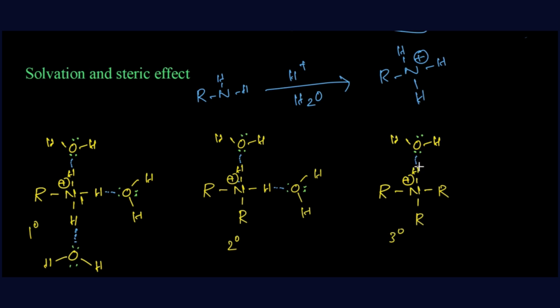Here it is very little hydrogen bonding. As a result, the primary amine will be more basic in nature than the secondary and the tertiary. So the order will be primary most basic, then secondary, then tertiary.